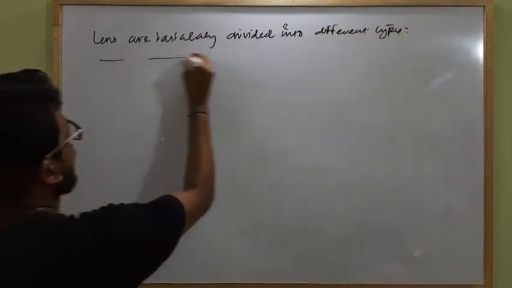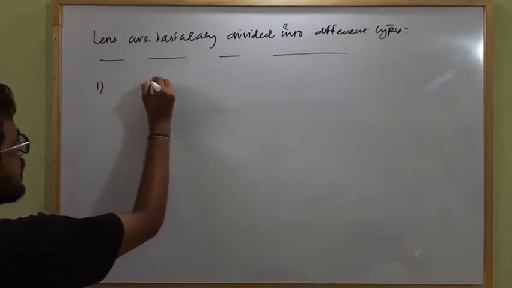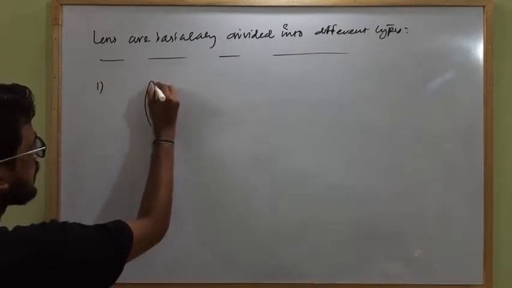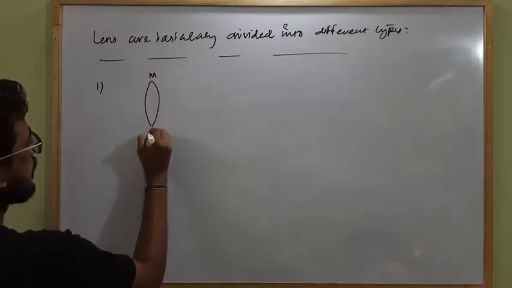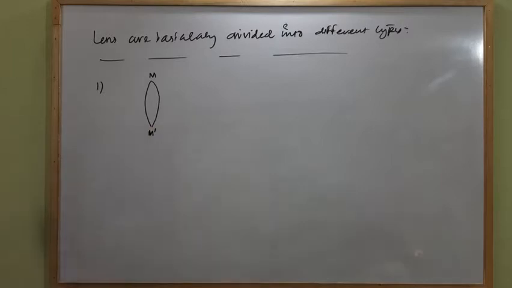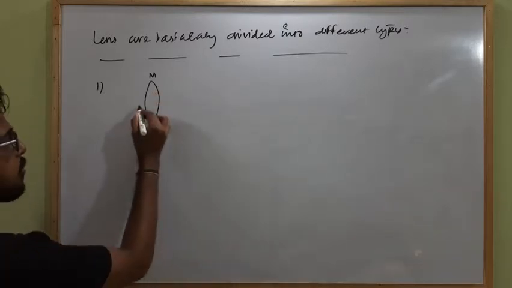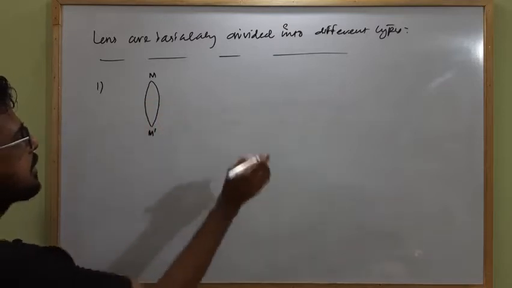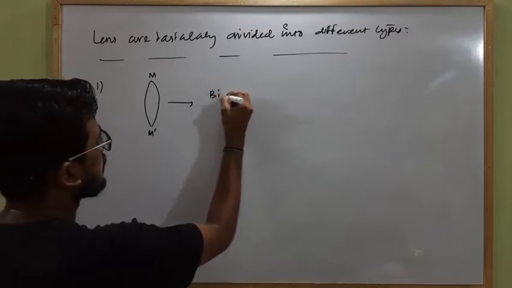If this type of lens, where both the refracting surfaces are convex in nature, this one is convex and this one also convex, then it is known as a biconvex lens.